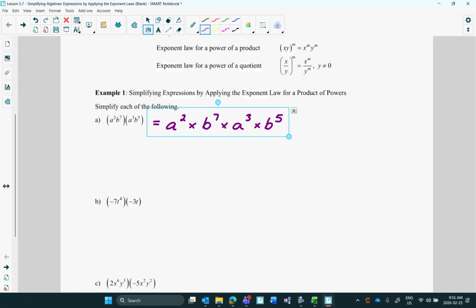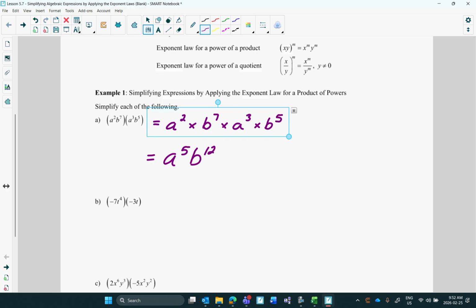So I can multiply the 2 powers of a together. What is a squared times a to the 3rd? A to the 5th, add the exponents. B to the 7th times B to the 5th is B to the 12th. And that's it, we're done. We'll just connect those together by multiplication.